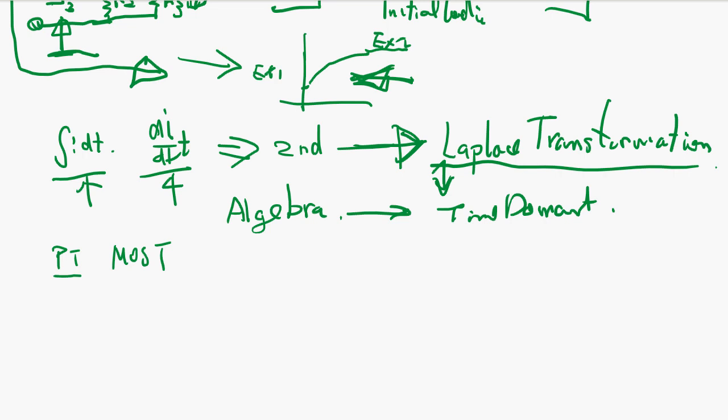For example, for a bipolar transistor, we can use, say, this is IB, and IC, this is a current source, and these are connected by beta. And this beta is, of course, not constant. Beta is a function of temperature, and it also depends on the operating point. So it's pretty much non-linear.